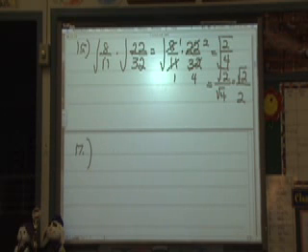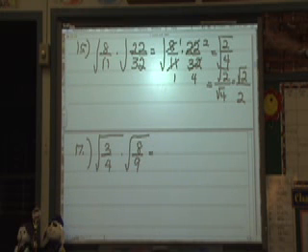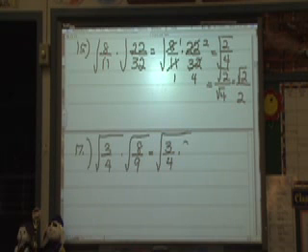Number 17, the square root of 3/4 times the square root of 8/9. Marion? Put under the same radical sign 3/4 times 8/9. Then simplify or cancel, and 3 goes into 9 3 times, and 4 goes into 8 2 times. So it's 2/3.